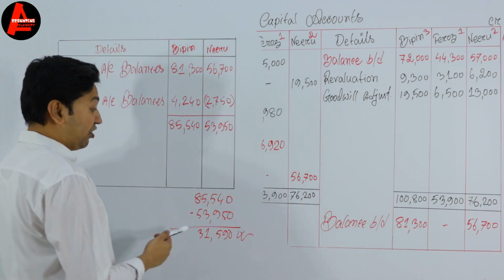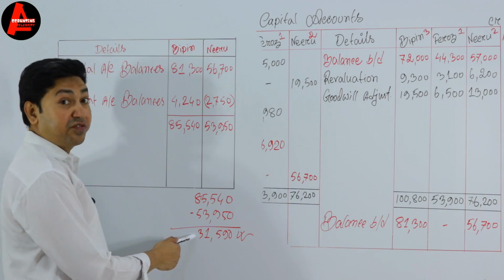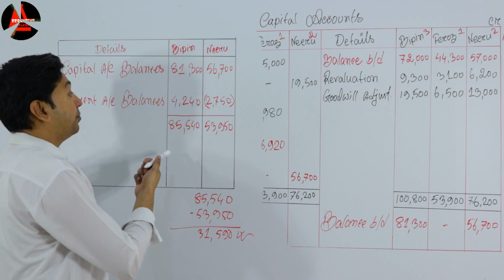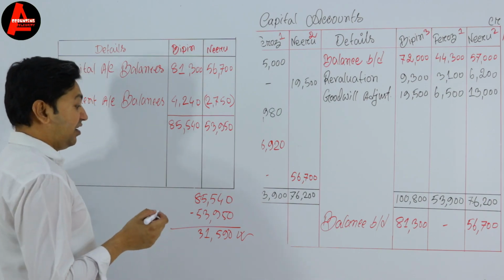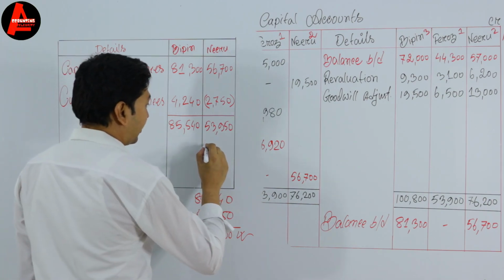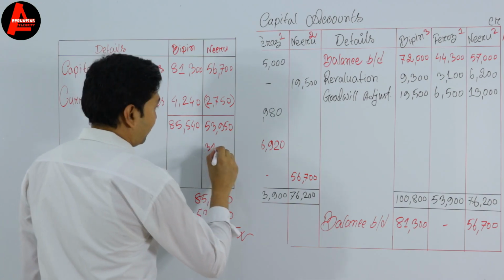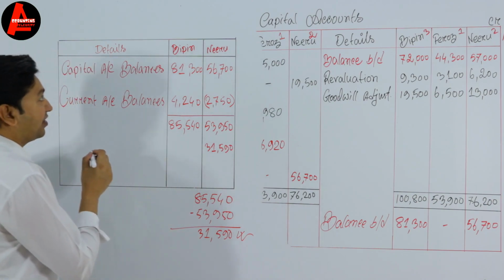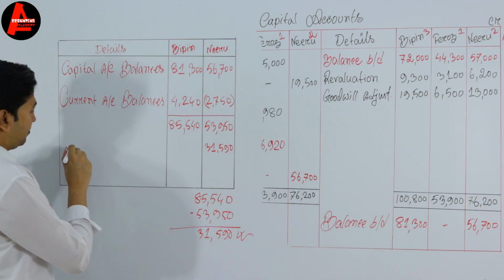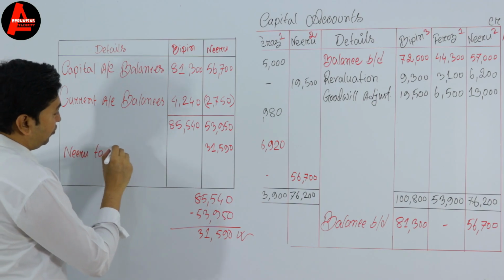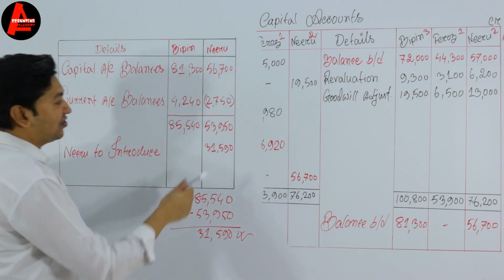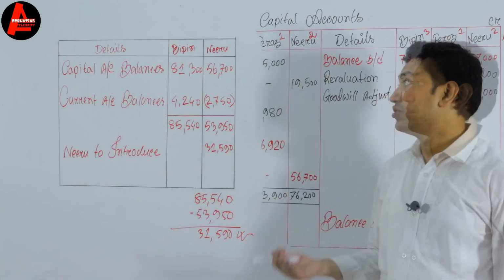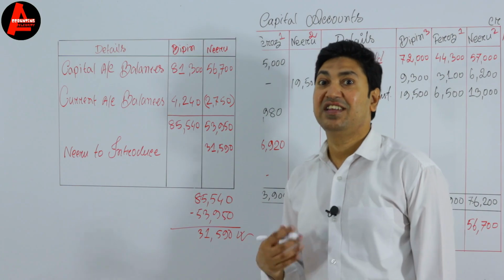So if Neeru introduces an additional $31,590 in the business, then it will be equal to Bipin's capital in the business. So here we will write $31,590, and write Neeru to introduce. This is the amount Neeru will introduce in the partnership business to share profit and loss equally.